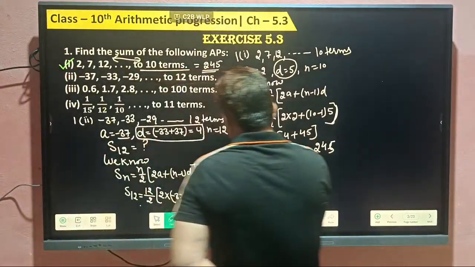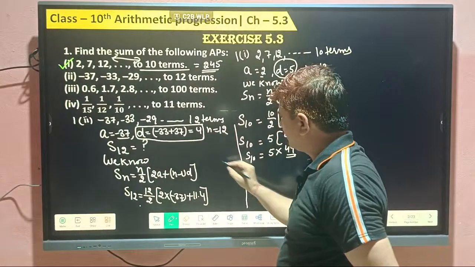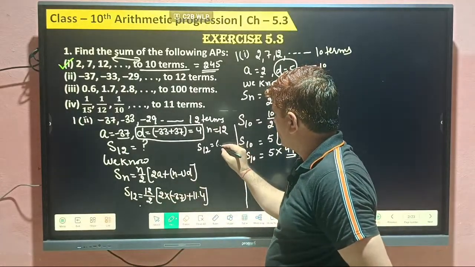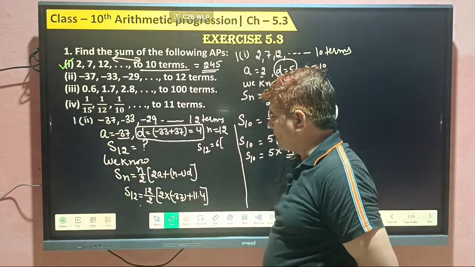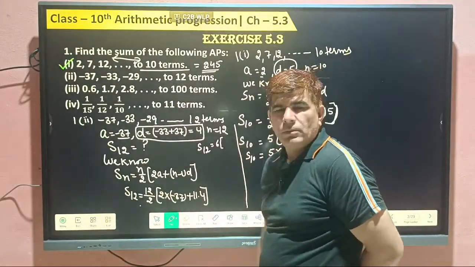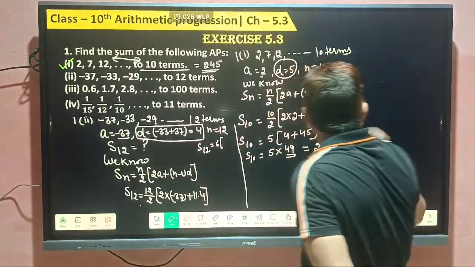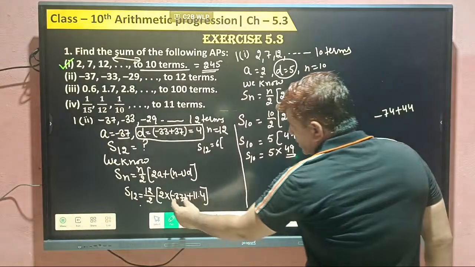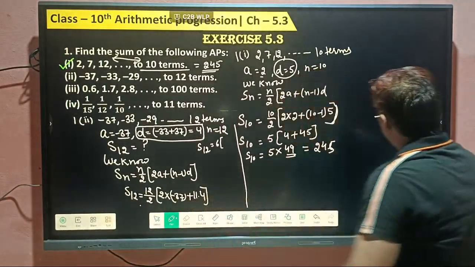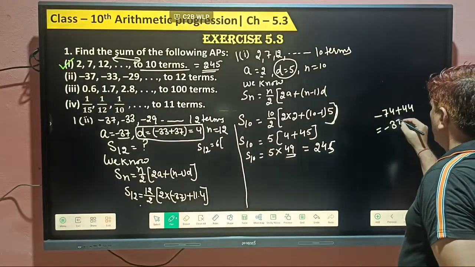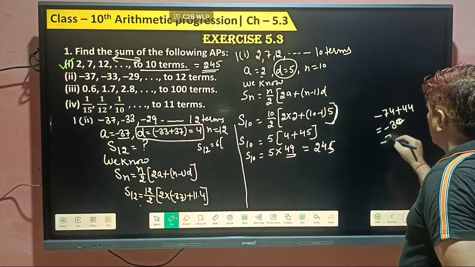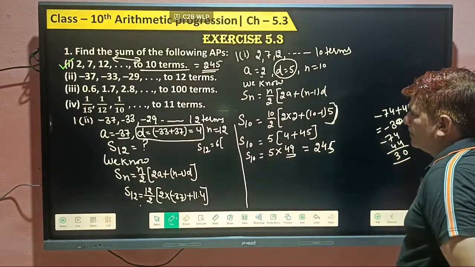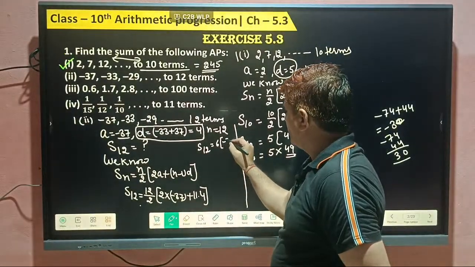S12 equals 6 into minus 74 plus 44. This is minus 74 and this is 44, so minus 30.